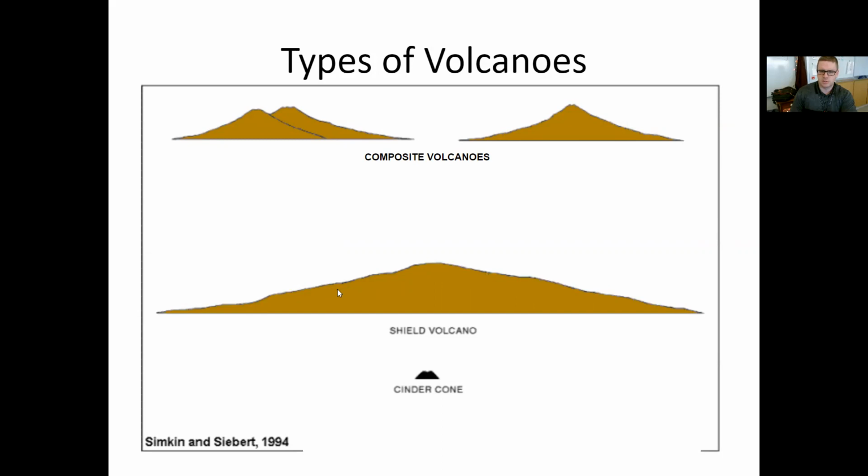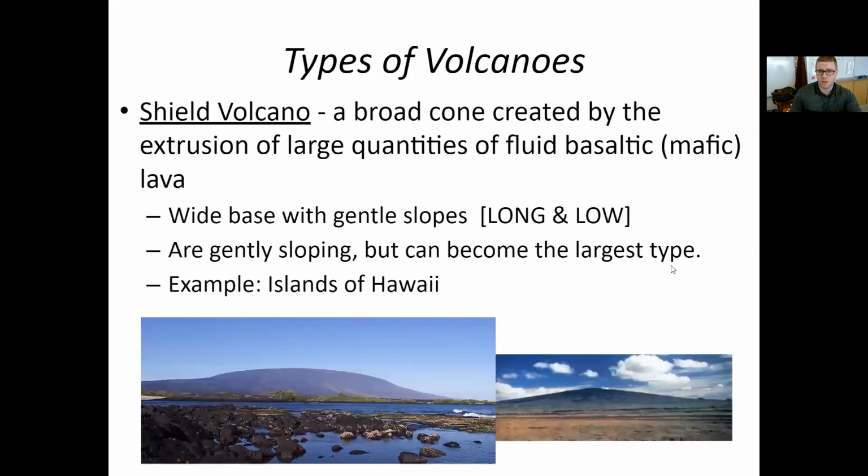And the third type, they're not very tall, sometimes no taller than 500 meters, a little higher than a quarter mile, and very, very narrow. These are cinder cone volcanoes. So these three volcanoes are the three that we're going to concern ourselves with in our volcano unit.